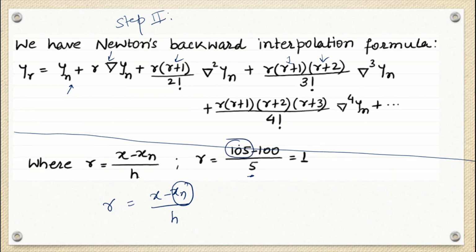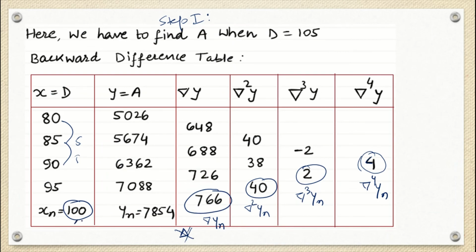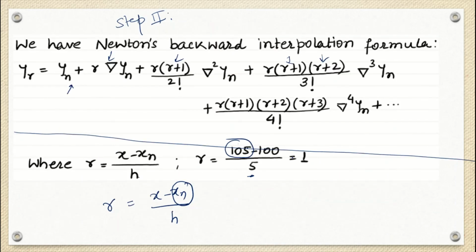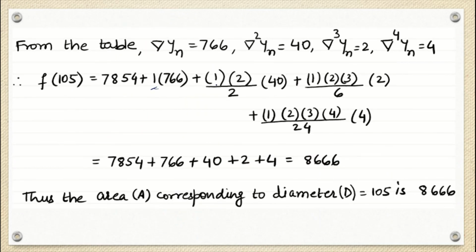So this is 105. And xn is the last entry of my x column. And then finally I have got r as 1. Okay, so r is 1, then this is r plus 1, this is r plus 2, and so on. And these values are nothing but backward difference yn, then backward difference 2yn, and so on. And finally, you have just calculated these values. So this way we calculate using Newton's backward interpolation formula.